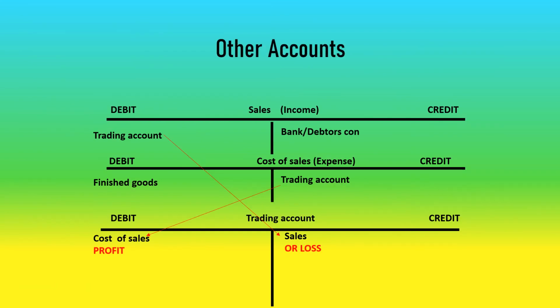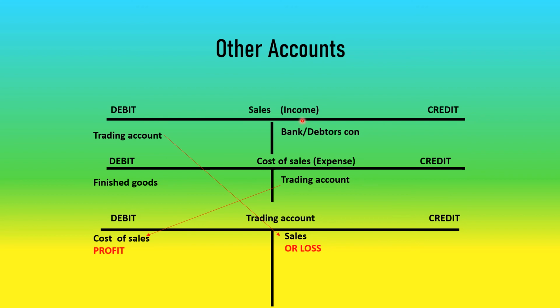These are other accounts that you could be tested on when dealing with the topic of manufacturing. So let's begin with the first one, which is the sales general ledger account. Now sales, you record sales when you receive an income, okay, and income always increases on the credit side.